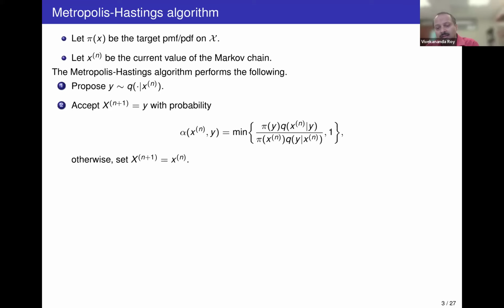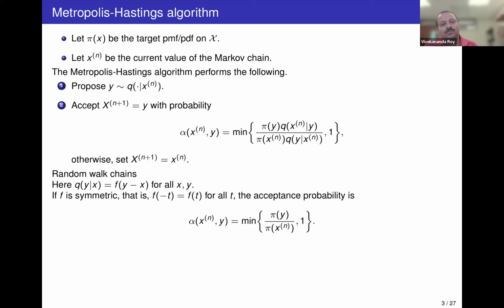Now, as I said, Q is quite arbitrary. So that means many choices of Q can be made. One popular choice is what is known as the random walk Metropolis algorithm, where we take the conditional density Q(y given x) to be f(y minus x) for some density f. And in particular, if f is symmetric about the origin, then you can see in the acceptance ratio formula, the Q cancels out, right?